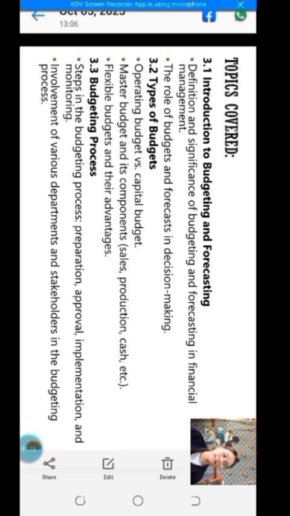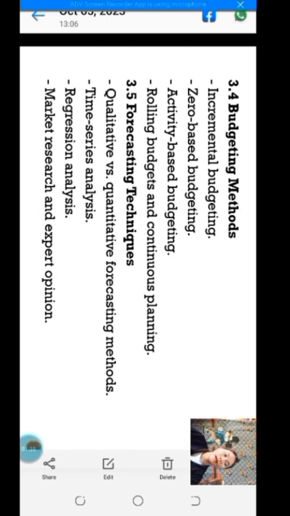Then the next one is the budgeting process. In the budgeting process, there are the steps: the preparation, the approval, the implementation, and monitoring. Then the involvement of various departments and stakeholders in the budgeting process. Then budgeting methods.